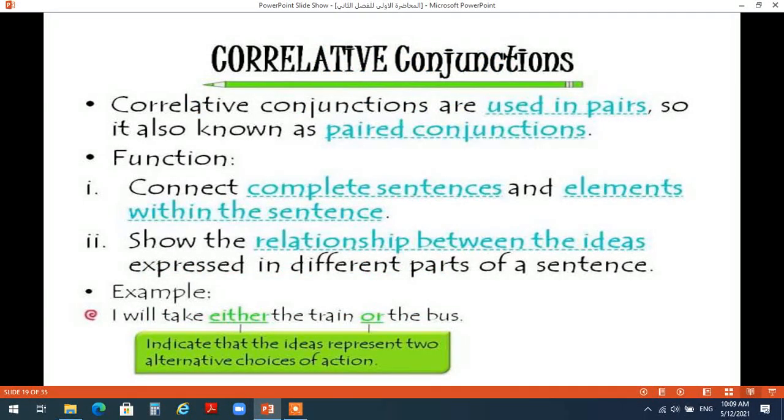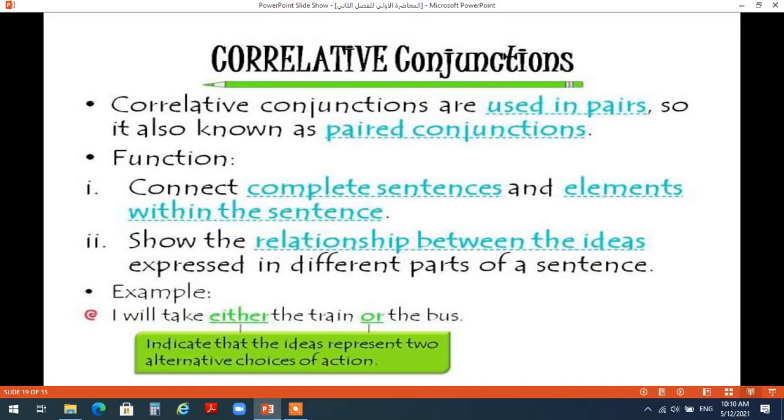Now, نأتي إلى Correlative Conjunctions أو أدوات الربط التي تتكون من كلمتين. Correlative Conjunctions are used in pairs، إذا نستخدمها كزوج من الكلمات. So it is also known as paired conjunctions، يعني ممكن أن نسميها Correlative Conjunctions أو paired conjunctions أو أدوات الربط المكونة من زوج من الكلمات. ما هي وظيفة هذه الأدوات؟ They connect complete sentences and elements within the sentence. إذا وظيفتها أن تربط جمل كاملة أو حتى أجزاء من الجمل في داخل جملة معينة.